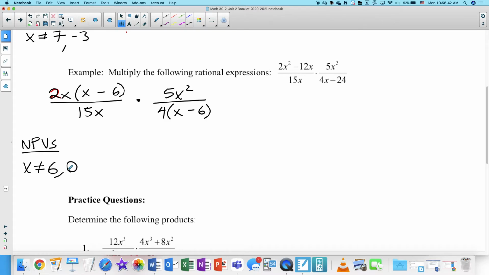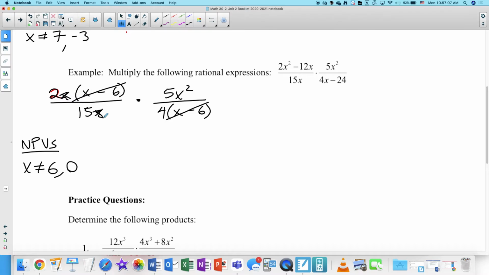What can I do now? Yeah, I can cancel some stuff. So there's definitely this factor of x minus 6 that cancels, so that's nice. And then I also have an x here and an x here, so I can cancel that. OK. And then there are going to be some numerical common factors as well.